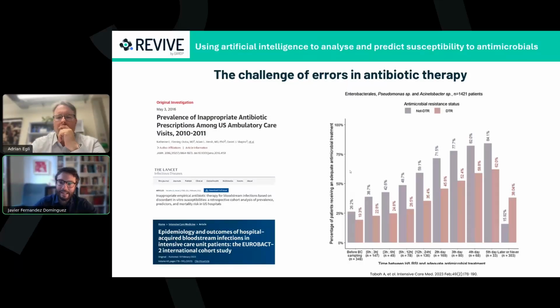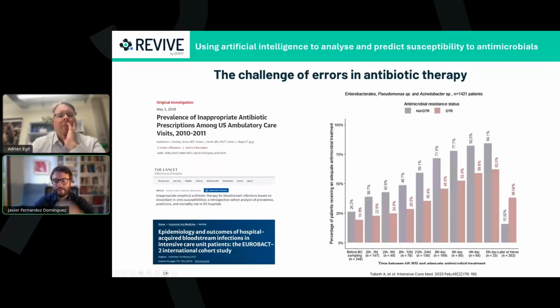At the beginning, when the doctors suspect a bloodstream infection and they don't have microbiological results, the rate of covering the microorganism that is going to grow in the culture is around 40% at the first moment, when the blood culture is sampled. If the bacteria is resistant, this rate is around 22%. There is a 22% of accuracy.